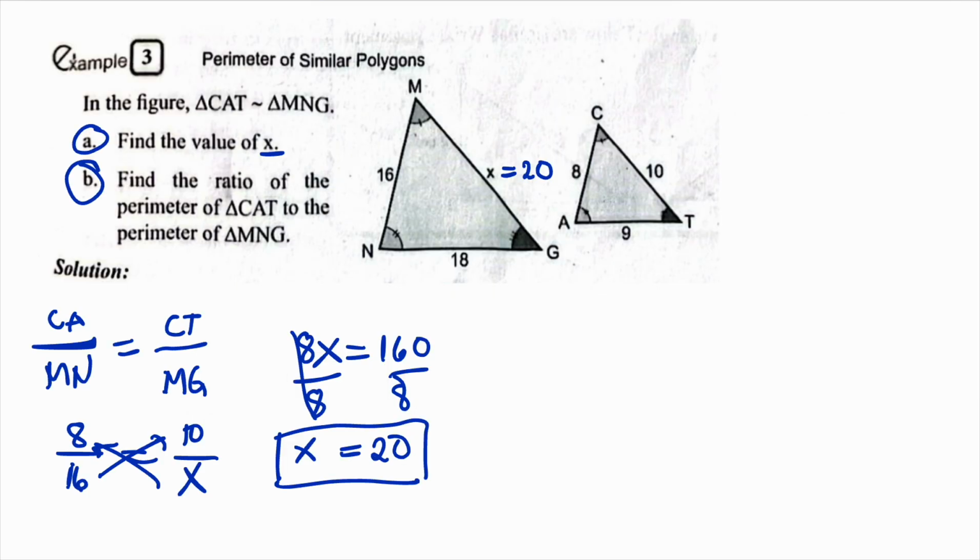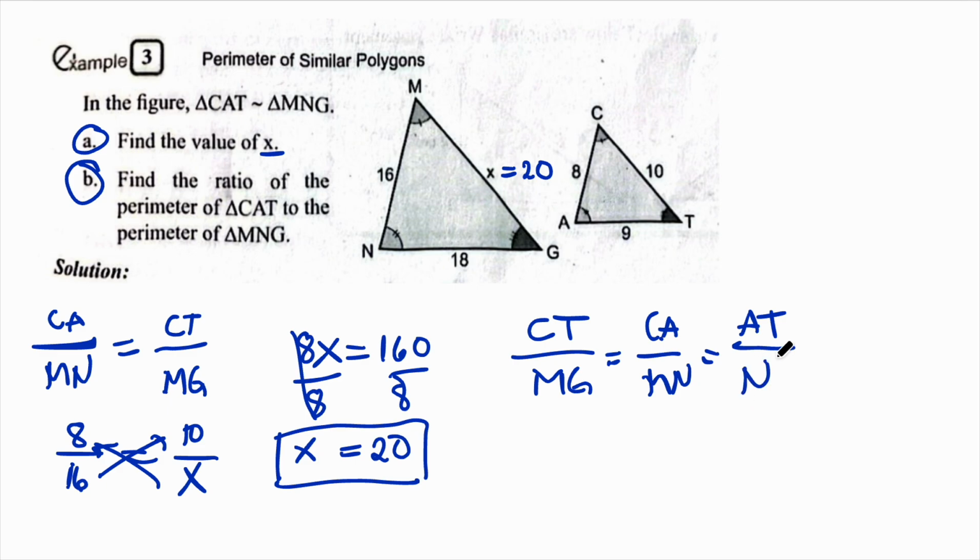So how do we use it? The ratio of the perimeter of CAT to the perimeter of MNG, which is this one, let me write it: CT over MG, CA over MN, also equal to AT over NG.